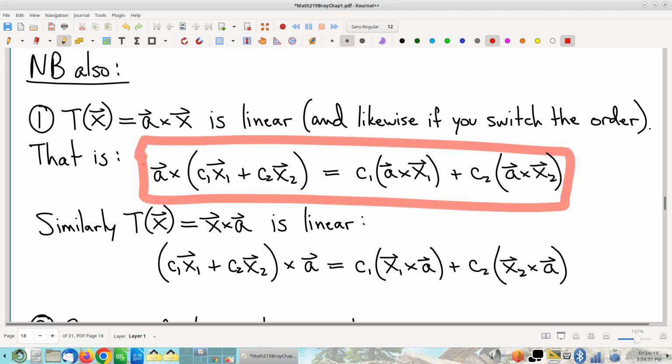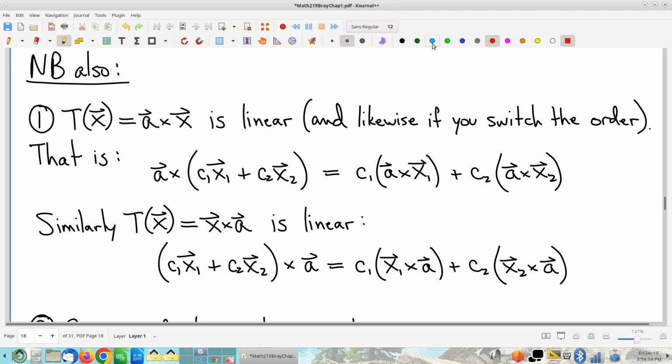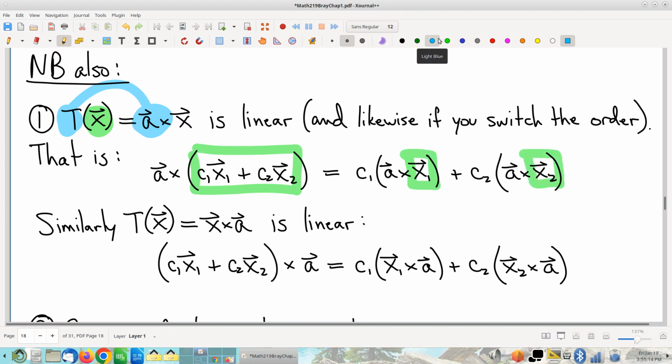Specifically, linearity of cross product with a fixed vector A, thought of as a function, is linear on whatever it is that you're multiplying by, in the sense that that function, cross product with A, if you put a linear combination on the inside, that's equivalent to doing the same linear combination on the outside.